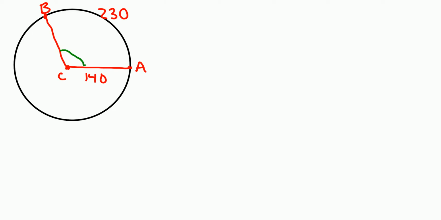Okay, remember that this is a central angle, and central angles are equal to the arc measure, the intercepted arc. So we'll call this x. Right, so we know the arc length equals, so 230 equals the arc measure, x, divided by 360 times our circumference.